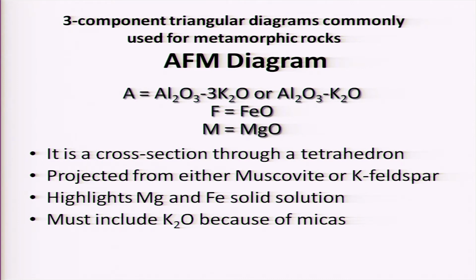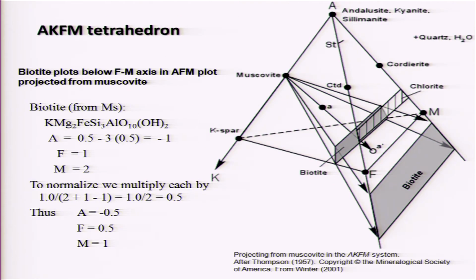If we consider all 4 components, we are presented with a tetrahedron. Let us look at this tetrahedron. It contains A, that is Al2O3, K, which is K2O, F, which is FeO, and M, which is MgO.